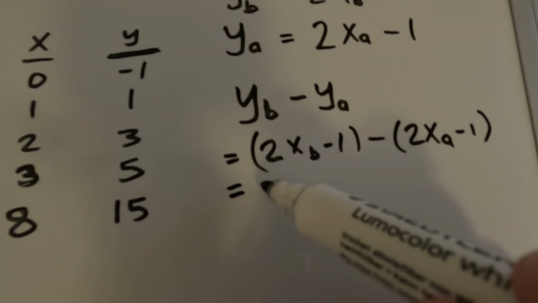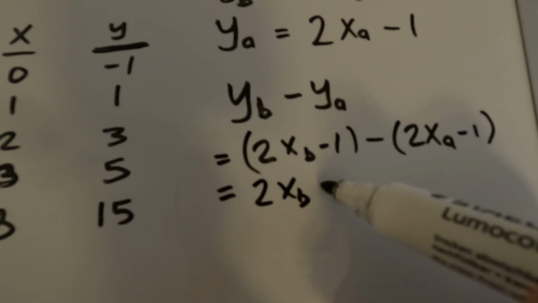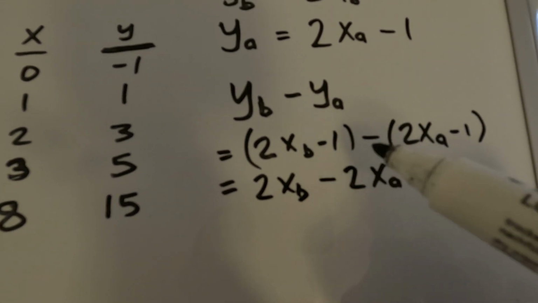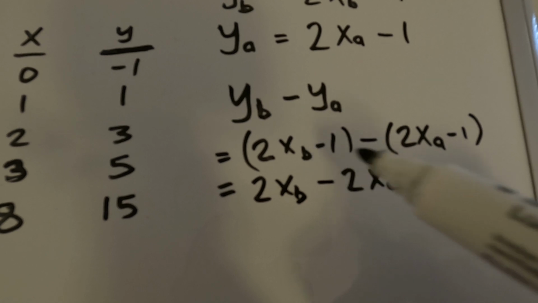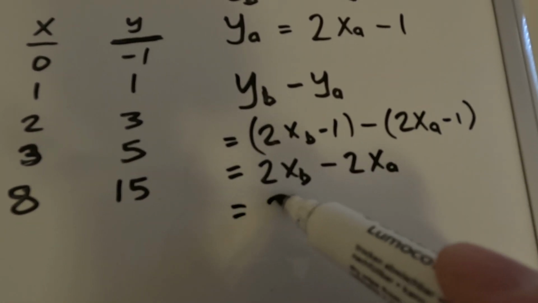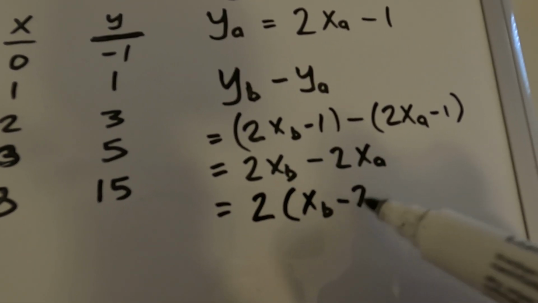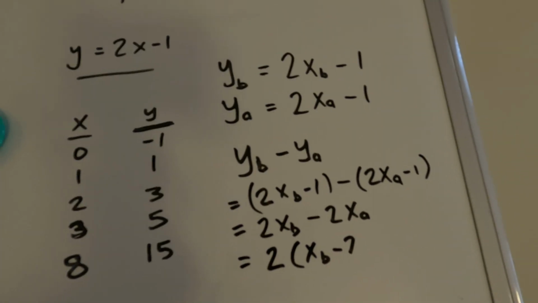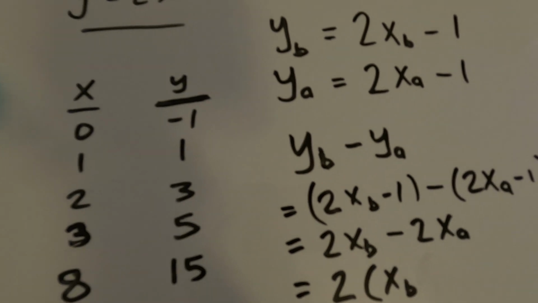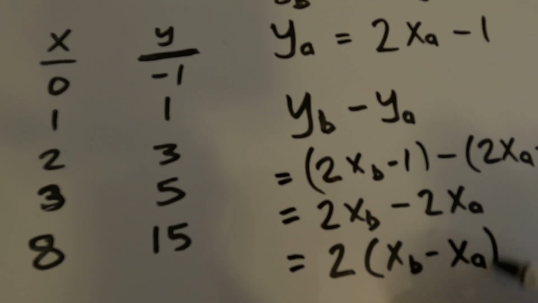So that's equal to 2xb minus 2xa, because the minus 1 and the minus 1 cancel, because minus 1 minus minus 1 is just 0. And then we can tidy it up and write it as 2 times xb, take a 2 outside, and we get 2 times xb minus xa.